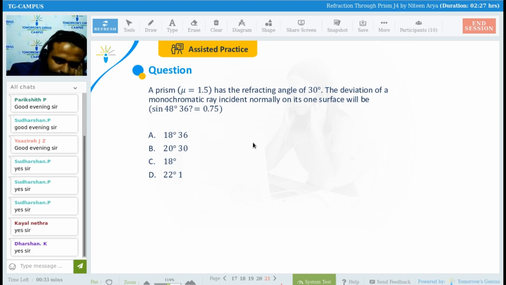So what you need to do is find the angle of emergence.